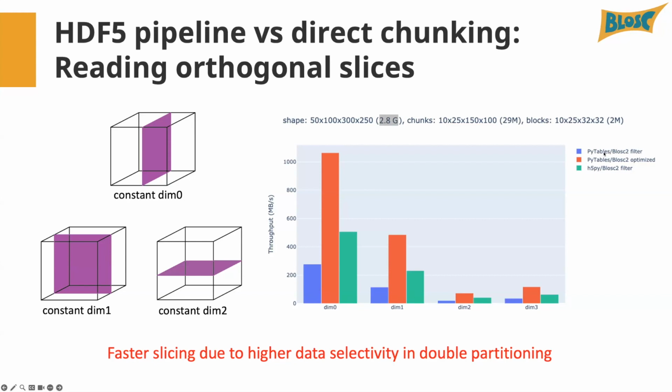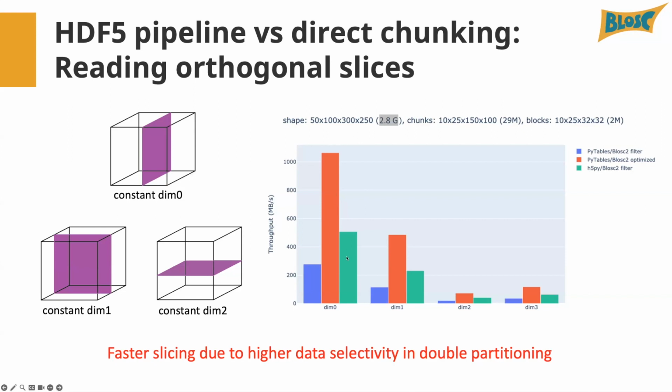In blue is the PyTables Blosc2 filter, the regular filter through Blosc2. Then in red, we see the Blosc2 optimized one, which uses direct chunking in order to access the data. We can see the acceleration without and with direct access: speedups of more than 4 and 5 times.